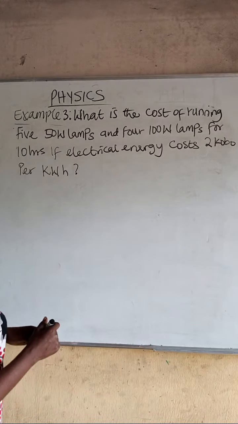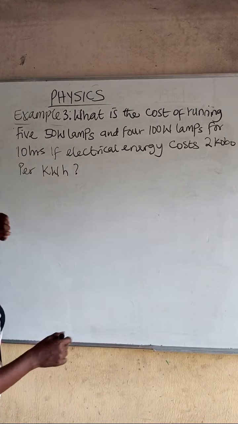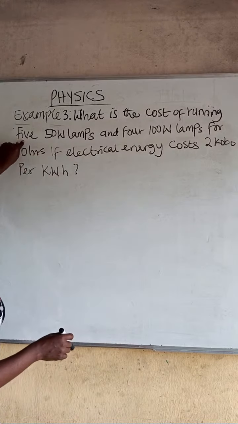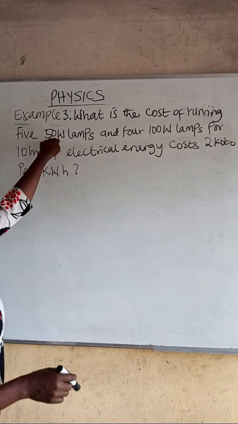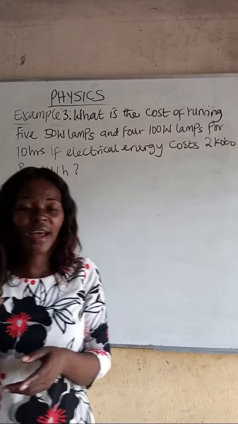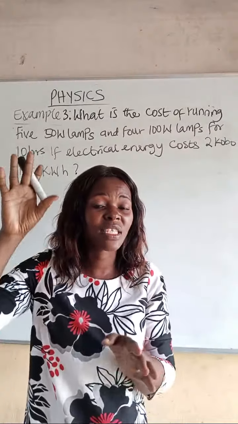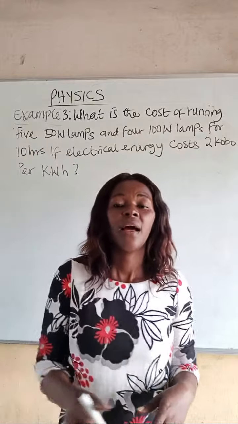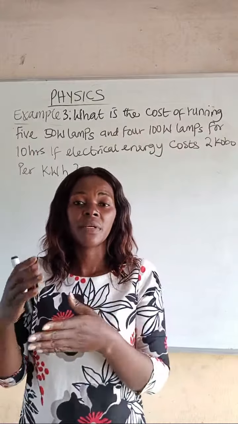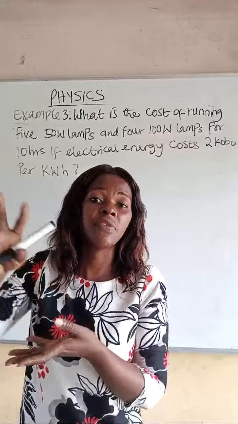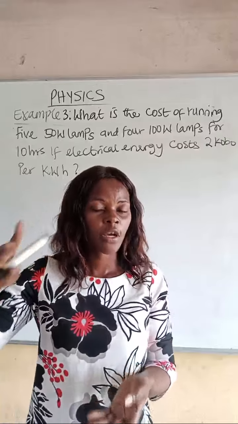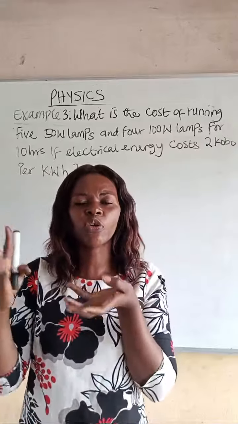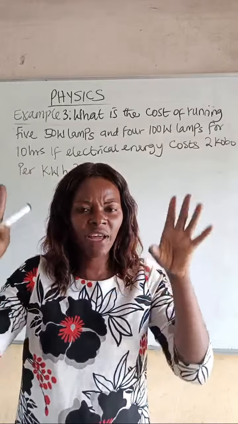You must not forget that these lamps, this is 5 times 50 watts. It's just like you have 5 lamps in your house, part of the appliances, and each of them can consume 50 watts. So how do you know the total power consumed by those 5 lamps?